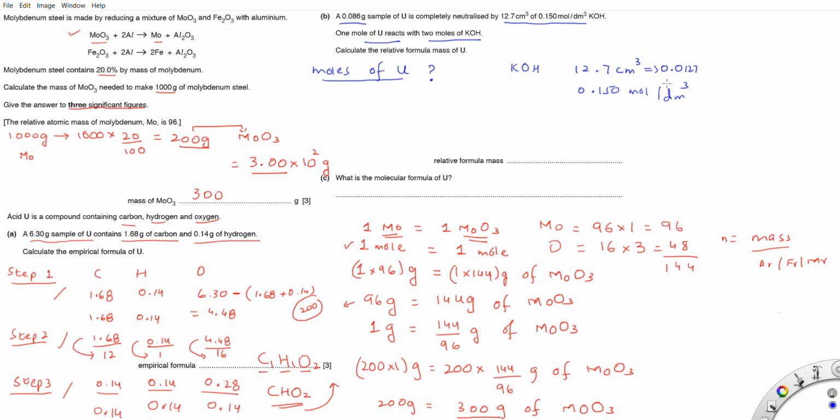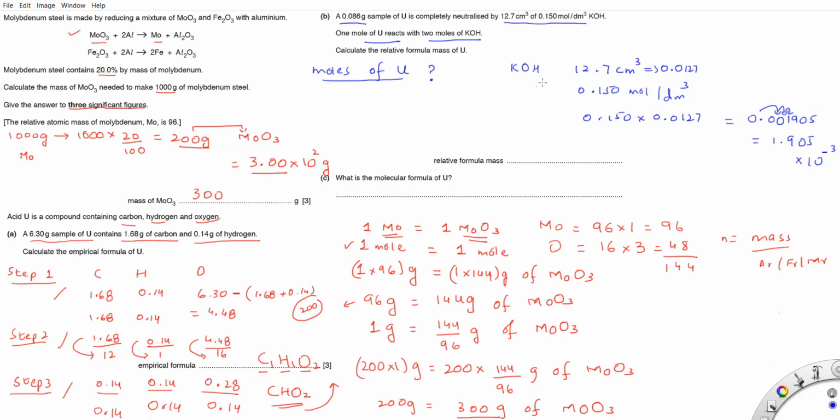Then I multiply 0.150 with 0.0127, so my answer is 0.001905, or 1.905 × 10^-3. This is the number of moles of potassium hydroxide.